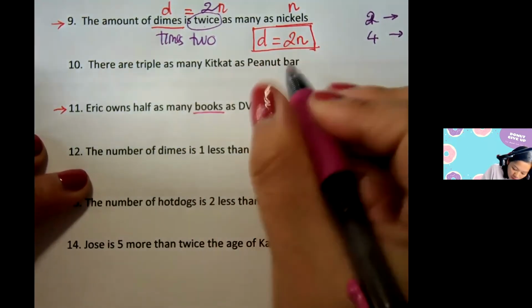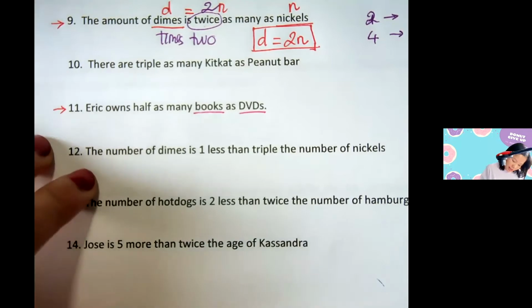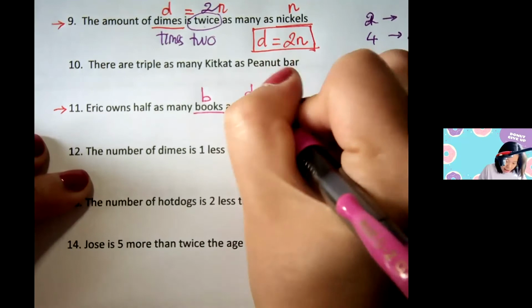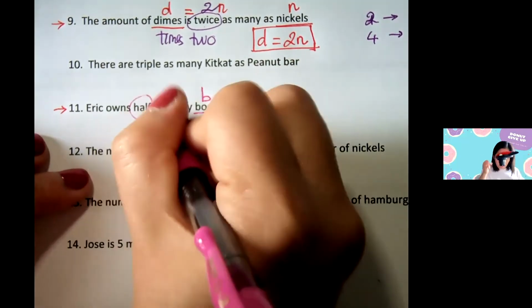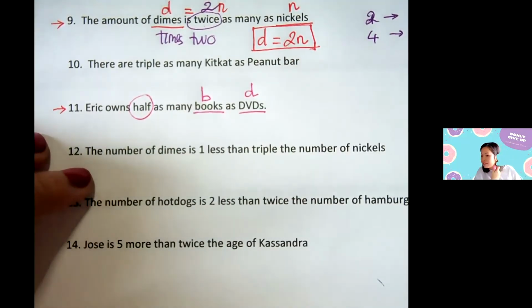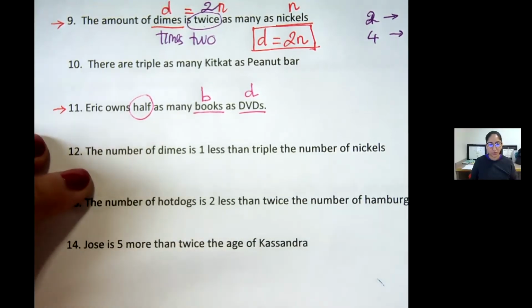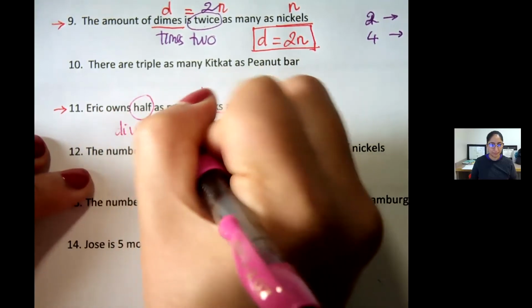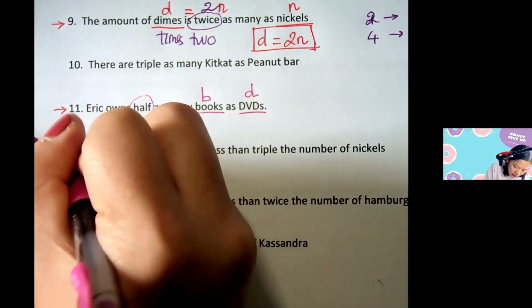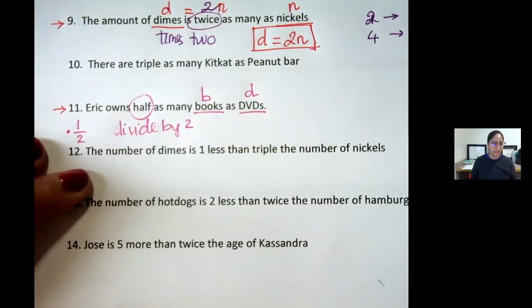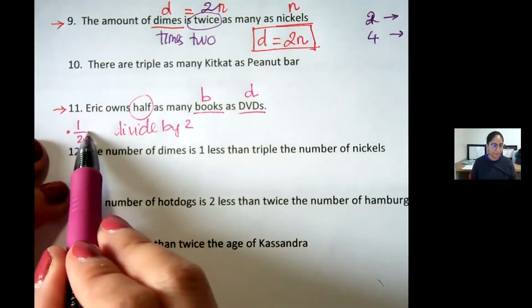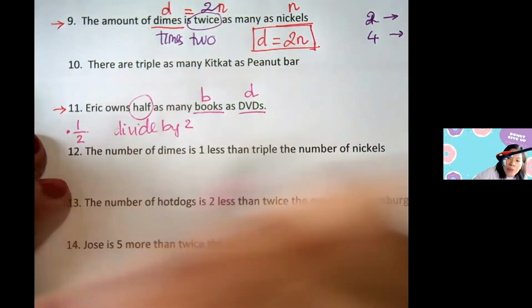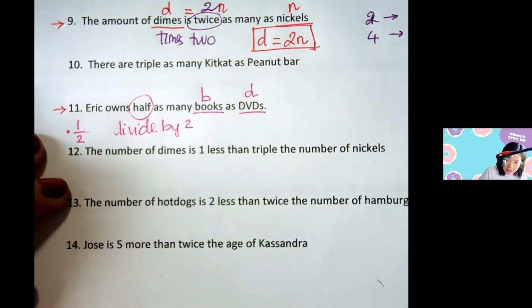So what letter would you put for books? B. Beautiful. And D for DVDs. Here it says half. What do you think half means? Either divide by 2 or multiply times 1/2. The fraction line means divided by 2. Good job. Now we're going to look at who comes first. What variable comes first in this situation?